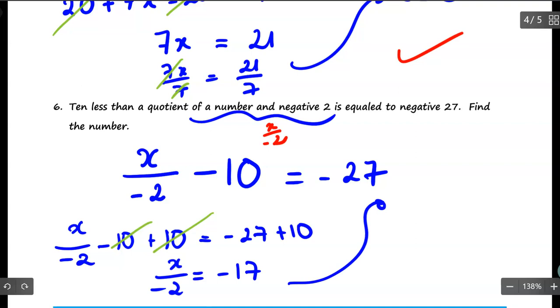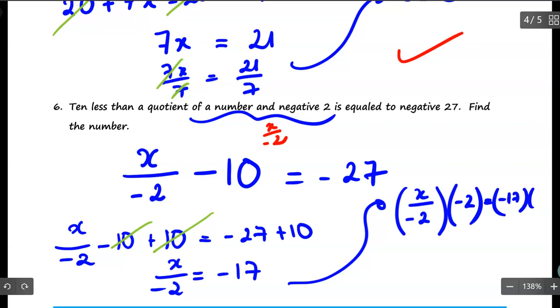So the next step is to undo the division, so I need to multiply negative 2 on both sides. This will give x isolated on this side of the equation, and negative 17 times negative 2 will give me positive 34.